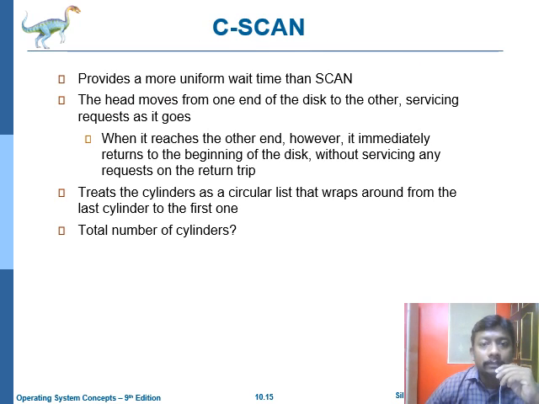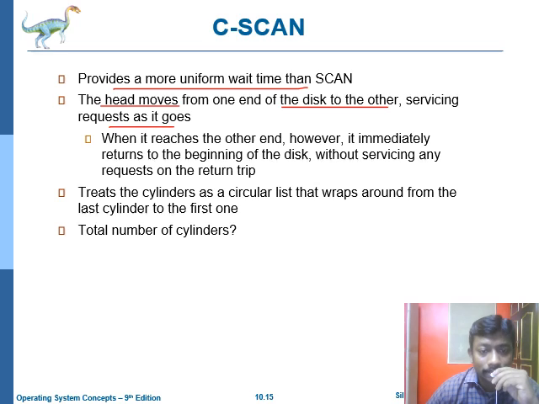The next algorithm is C-SCAN, circular scan. It provides more uniform wait times than the conventional scan method. The head moves from one end of the disk to the other, servicing the requests as it goes. When it reaches the other end, however, it immediately returns to the beginning of the disk without servicing any request on the return trip.